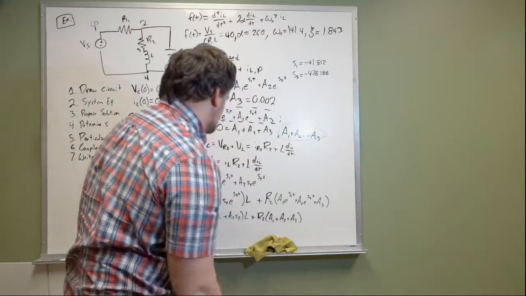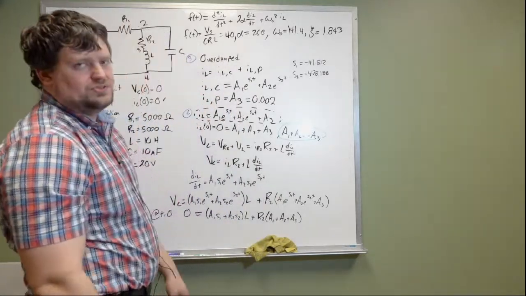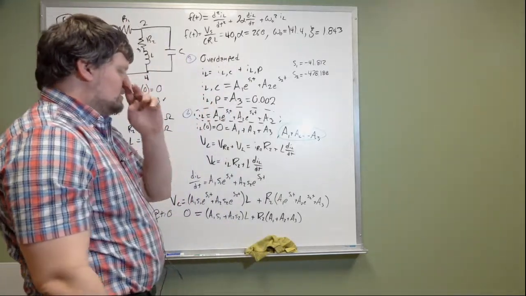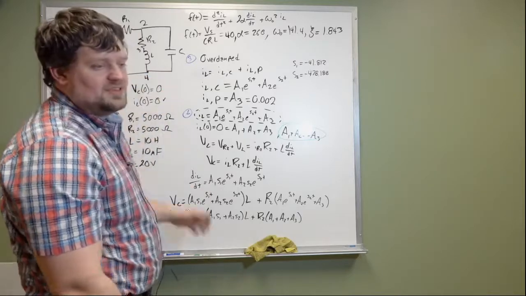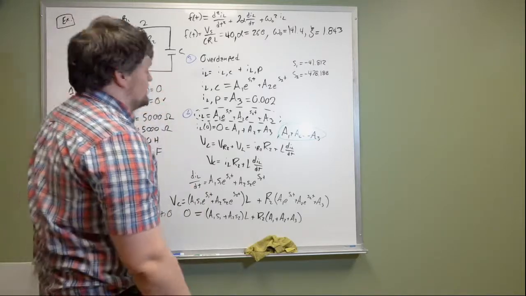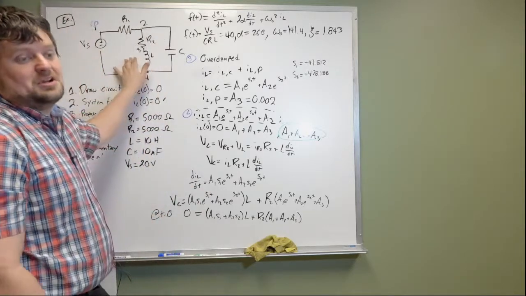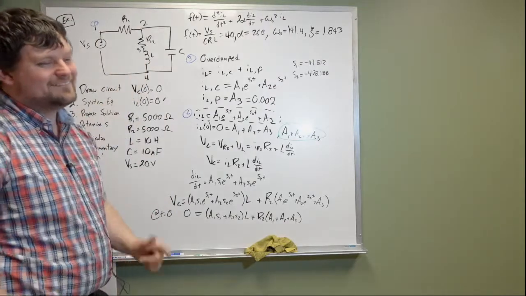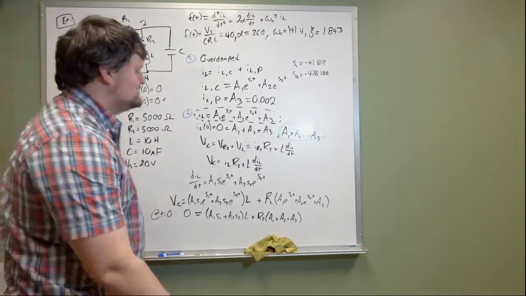Okay, so this isn't nearly as pretty of a solution as the last one was, but that's because this system is slightly more complicated. All we've done is add a resistor, and we've already made the system way more complicated. So that's fun.